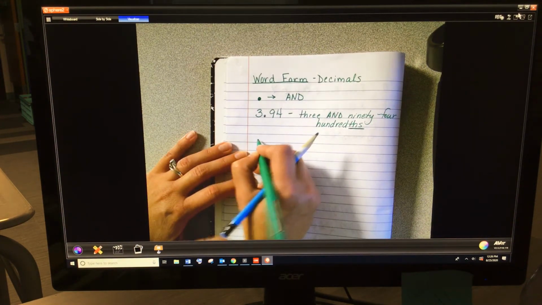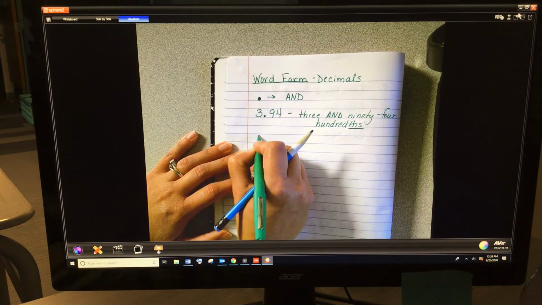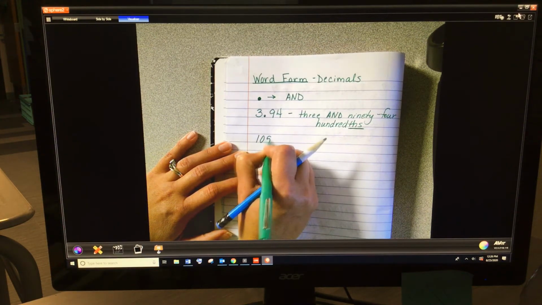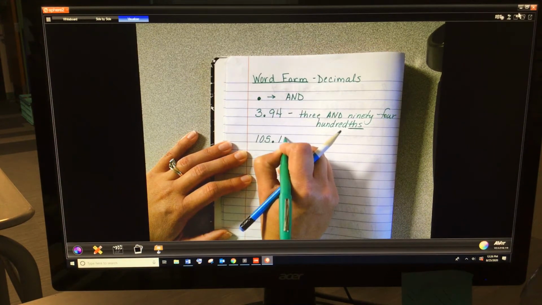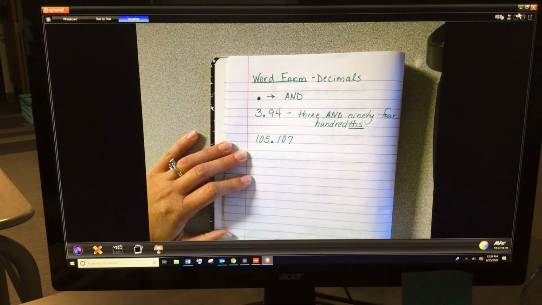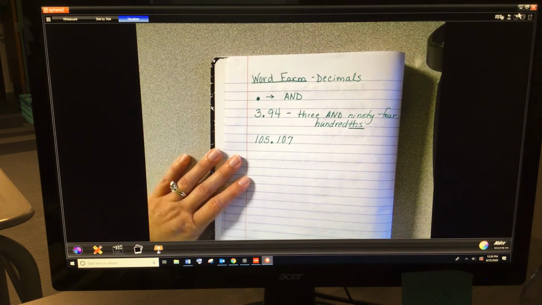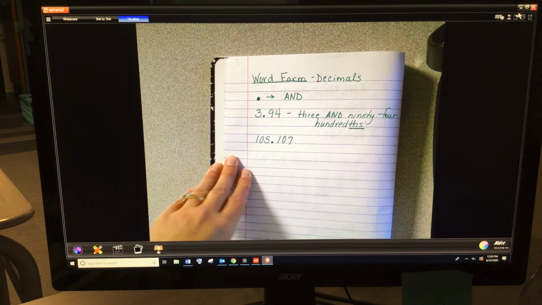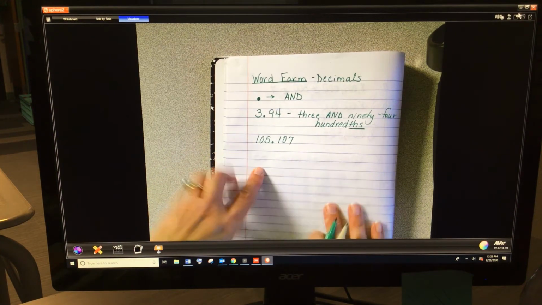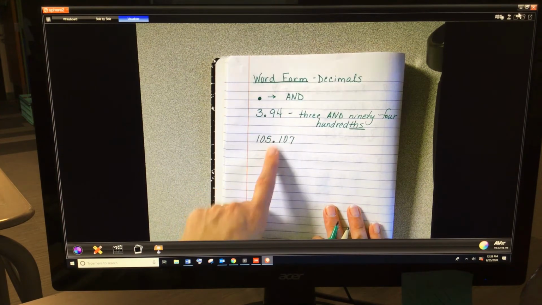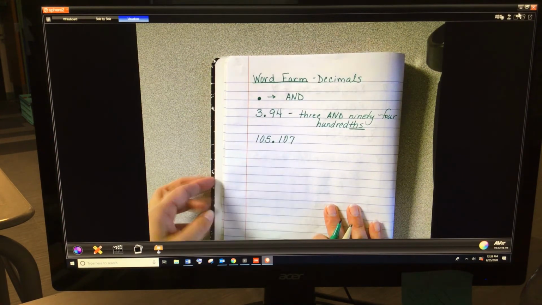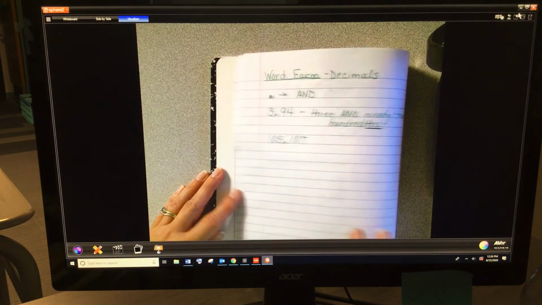Let's do a little bit bigger one. Let's say that we have 105 decimal 107. Okay, so I said it incorrectly. Now let's say the word form correctly. We cover up our decimal, we have 105. Let's go back and look at that chart just so we don't make a mistake.